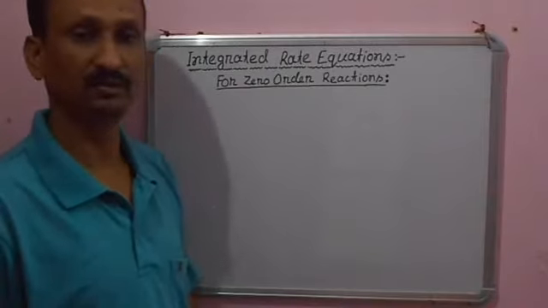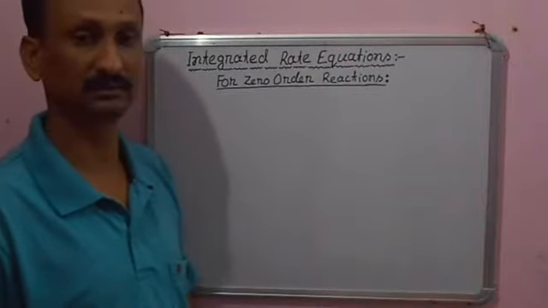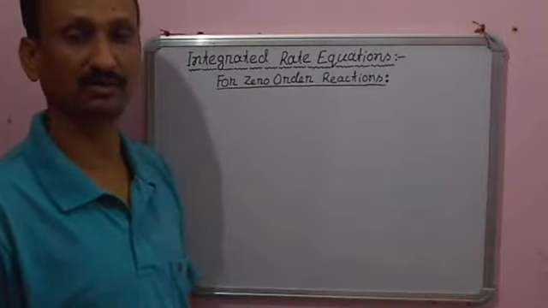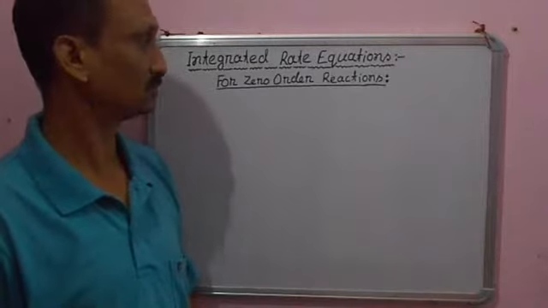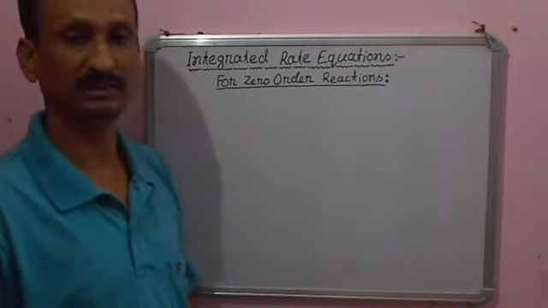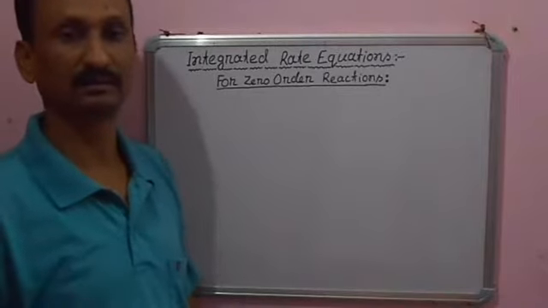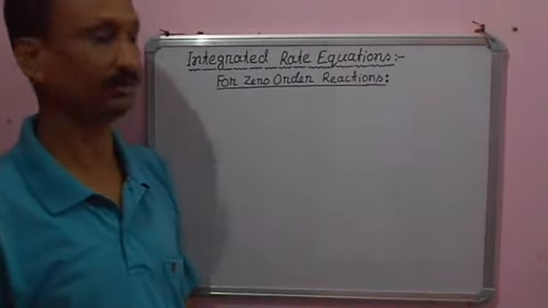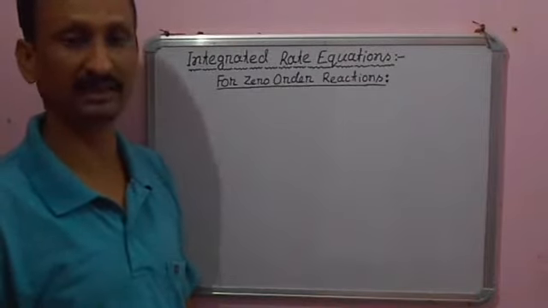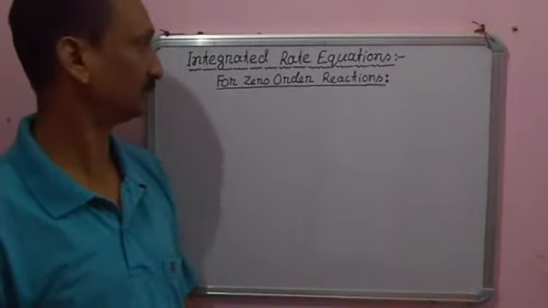We have already discussed the rate law or rate expression, which is a differential rate equation, but it is not always convenient to determine the instantaneous rate. To avoid this difficulty, we can integrate the differential rate equation to have a direct relation between the concentration of reactants at different times and the rate constant.